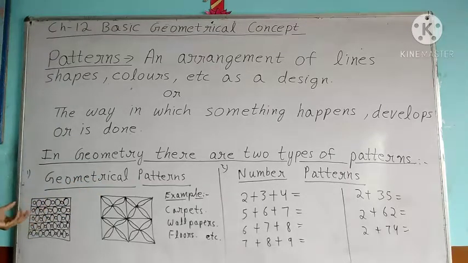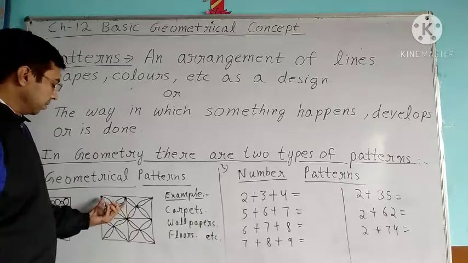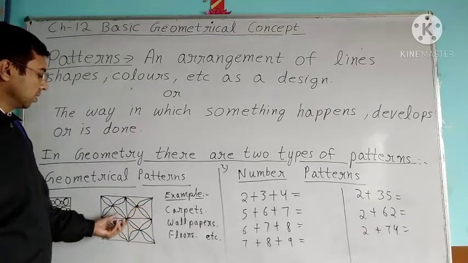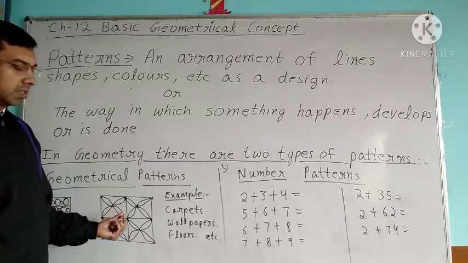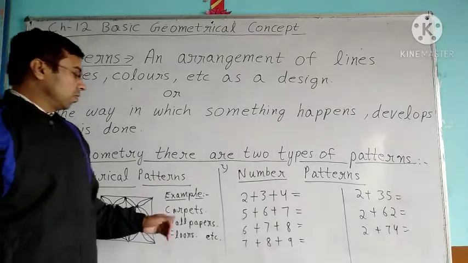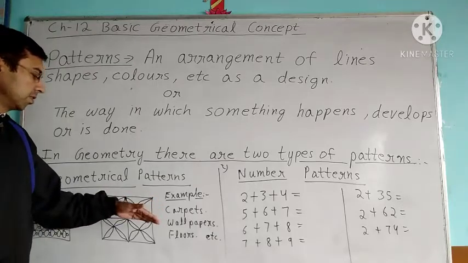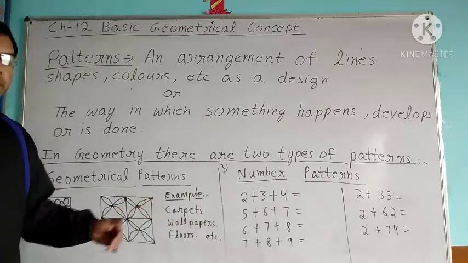You can see in this picture: small circle, big circle, small circle, big circle, and this pattern repeats till the end. Clear? Over the surface. Now here, in each square there are 4 petals, and those 4 petals are repeated in all the squares. Clear? This type of geometrical pattern we find in carpet, wallpaper, floors, etc.